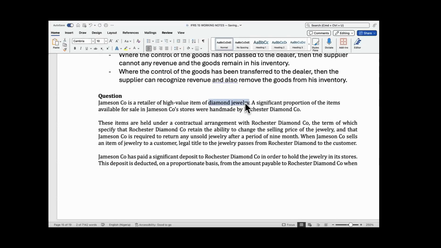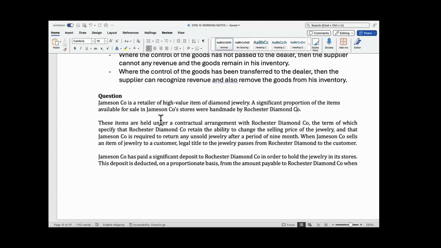A significant portion of the items available for sale in Jameson's store were handmade by Rochester Diamond Co. Looking at this first paragraph, this guy Jameson deals in diamonds, and most of the goods in Jameson's store were made by Rochester Diamond.